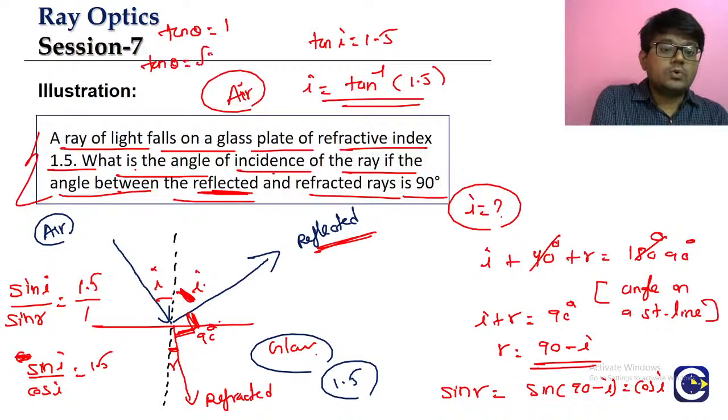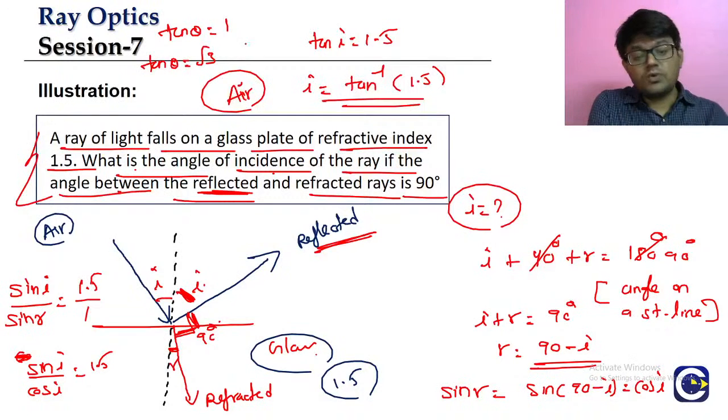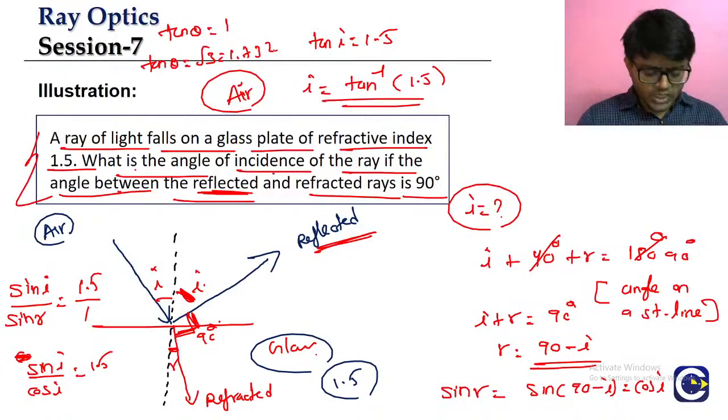Tan theta is equal to root 3, which is 1.732, then theta will be 60. Here tan theta is coming as 1.5, which means the angle will be between 45 and 60. That is something that we can approximate. So this is how we'll be able to solve questions like this.